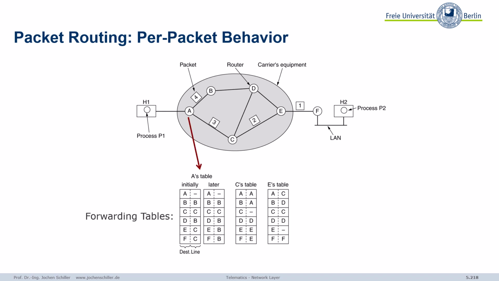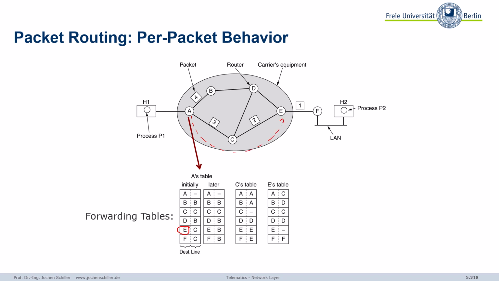If you look at A, then you see initially maybe you have a certain setting here telling you, okay, if the packet has a certain destination, E, whatever, then we forward. So if A has to send something via E, it's just examples.